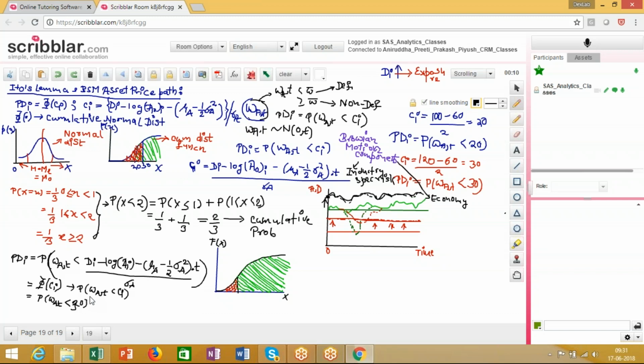less than 30. That means what? Over here it was 20. Now what I'm trying to estimate is the probability of x less than 30. So this is 30. Over here you can see that the probability of default is now much higher.